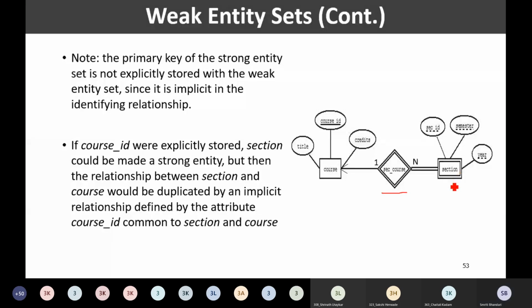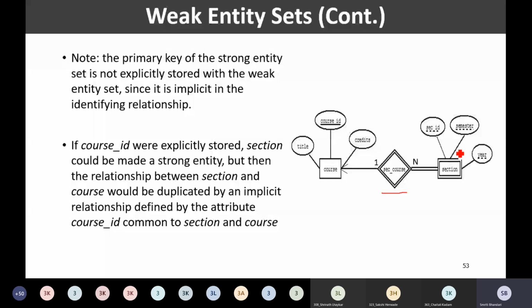So, a weak entity set can participate in relationships other than the identifying relationship. I'll repeat. A weak entity set can participate in relationships other than the identifying relationship.